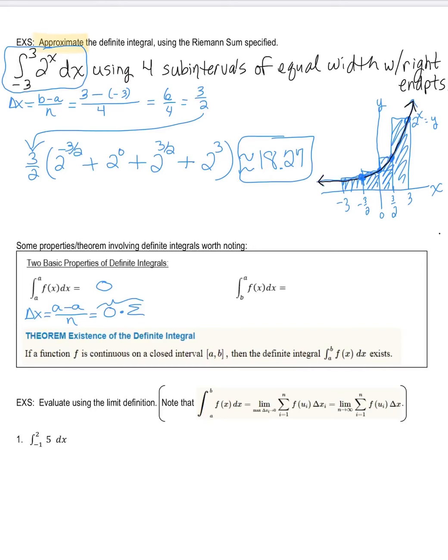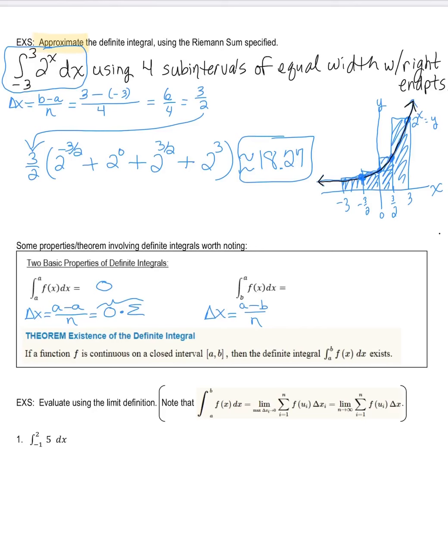This is the definite integral from b to a. So if you think about what happens here, your delta x would have been the a in this case minus the b over n, just because of the location here.